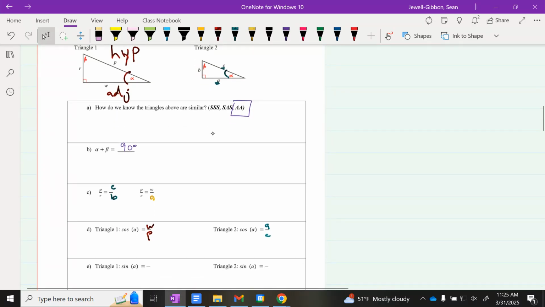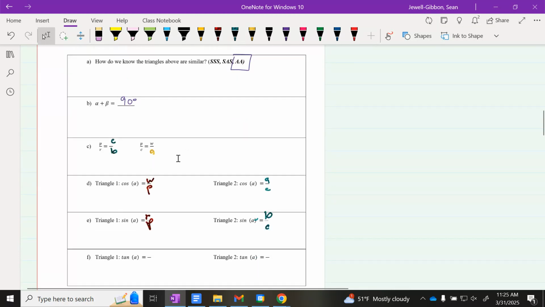Next one, we're looking at the sine ratios here. So the sine of alpha equals, now we're going to switch to opposite because sine is opposite over hypotenuse. So we got R over P, and then we have B over C. All right, last one.